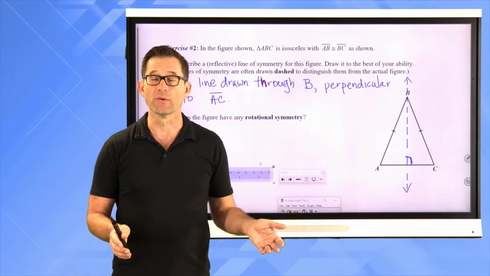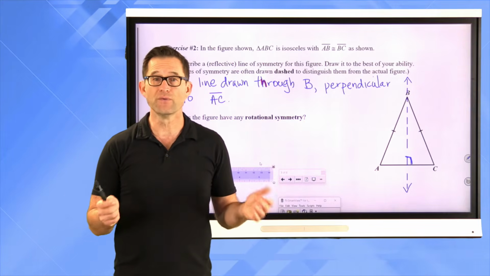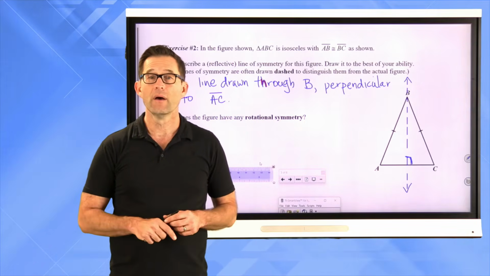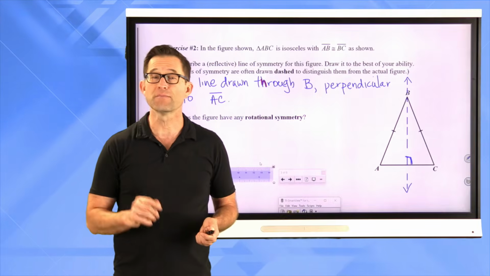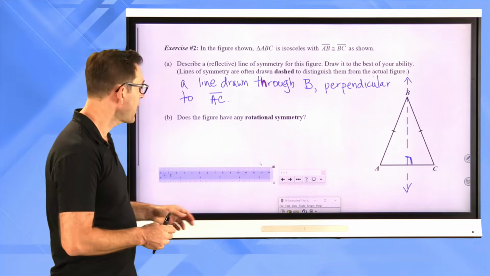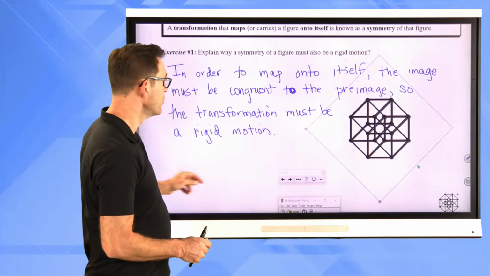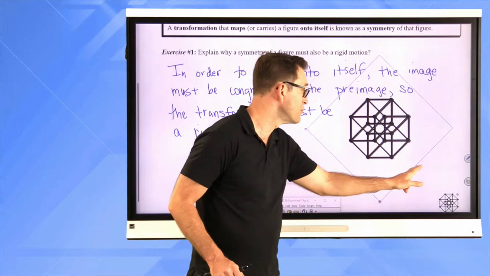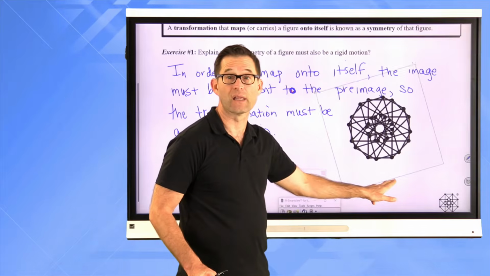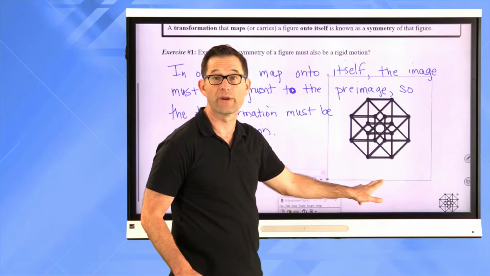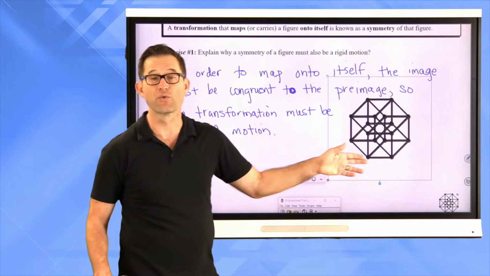Rotational symmetry occurs when we take the object and we rotate it around some point by a certain amount and it gets mapped onto itself. And again, we saw that repeatedly when we were looking at our hypercube, right? That thing has beautiful rotational symmetry. It also has a lot of lines of reflective symmetry, but again, we're not going to analyze those right now.